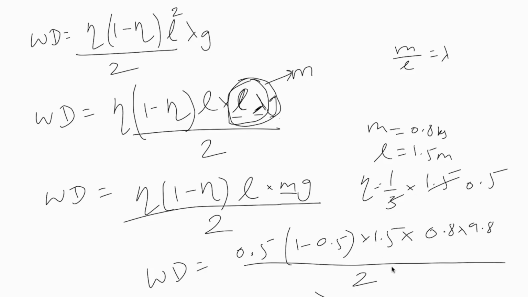So when you do this calculation, 1 minus 0.5 again gives you 0.5. These two give 0.25 times this and this, and approximately you get something like 1.3 joules. As simple as that.